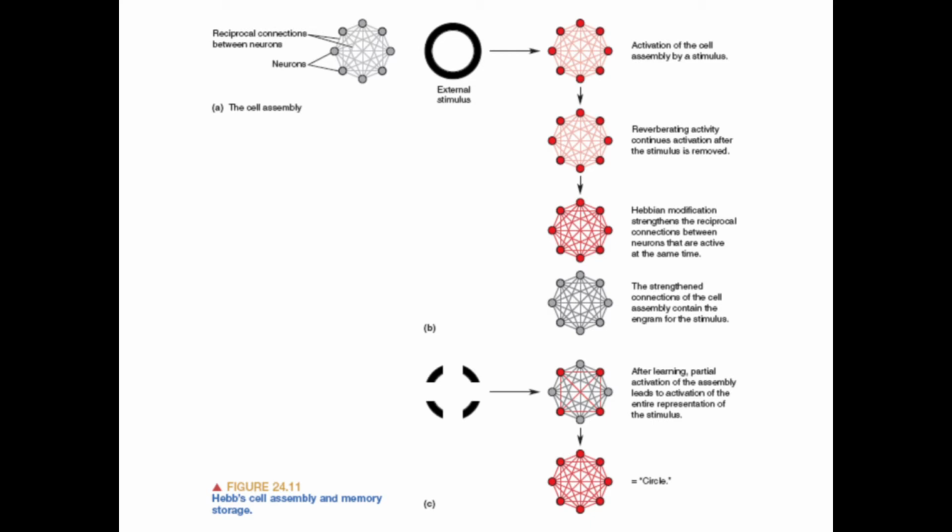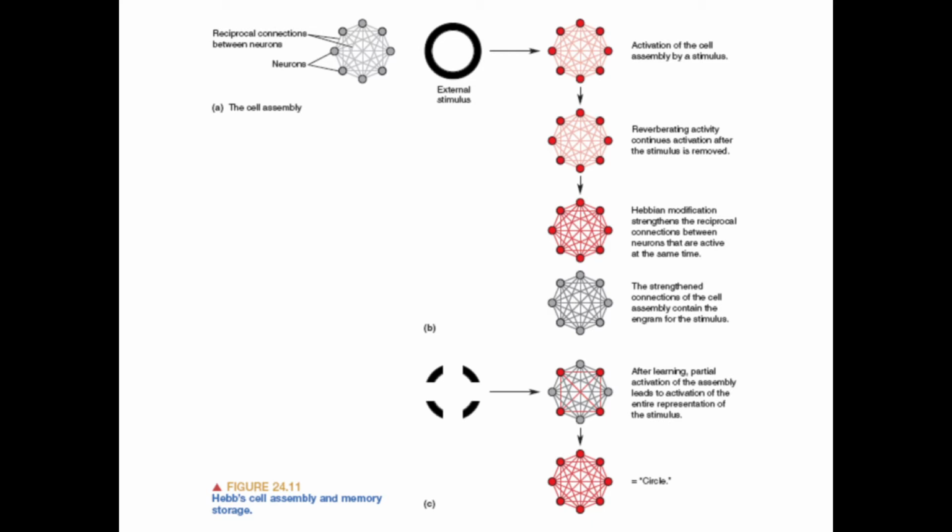of those circuits in a way that when you perceive the stimulus again, or when you perceive part of the stimulus, that memory of the stimulus, that engram, will be activated again. And the interesting thing about this hypothesis is that memories are created based on perception.